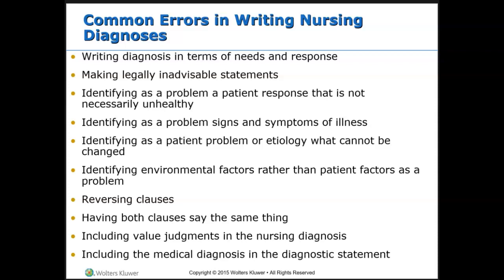Or you're only using two parts in an actual diagnosis, which has to have three parts, or you're using three parts in a risk diagnosis by including "as evidenced by." Remember, it's risk. It's not happening, so there are no signs and symptoms, right?